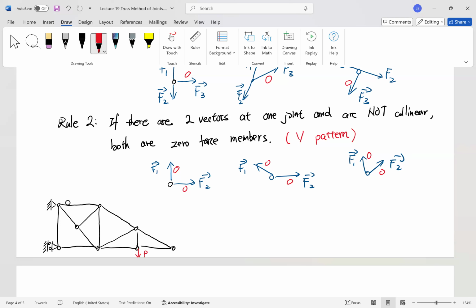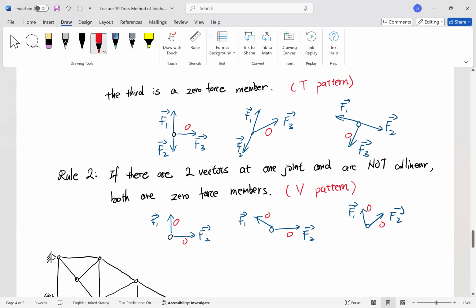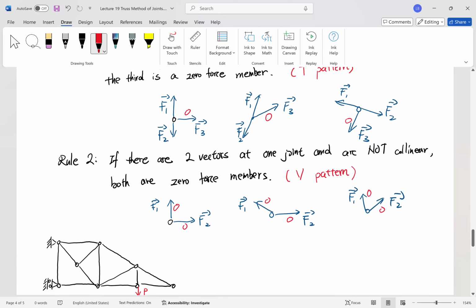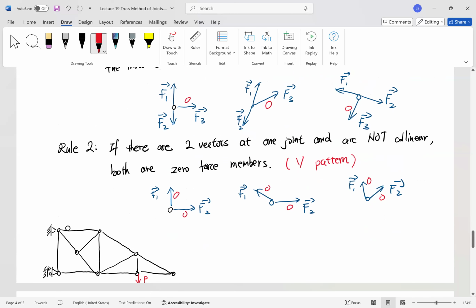Now find out the zero force members in the structure. You can look at the two rules that we have to identify T patterns and V patterns here. Pause the video and think about that.